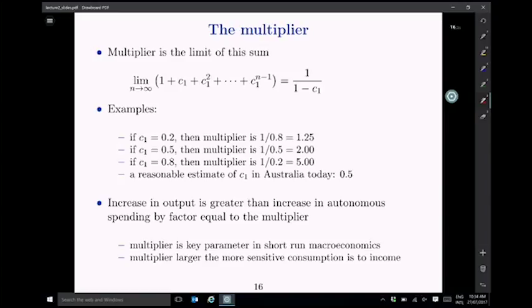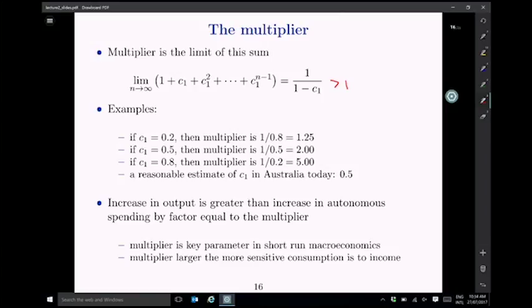It's a geometric sum. This property, we'll actually use it again in some future lecture. So it's one very nice way to summarize the impact of an increase in autonomous spending. That is, if there's an increase of autonomous spending by 1 unit, the ultimate impact on aggregate output will be 1 over 1 minus C1. This is generally greater than 1 because C1 is less than 1, right?